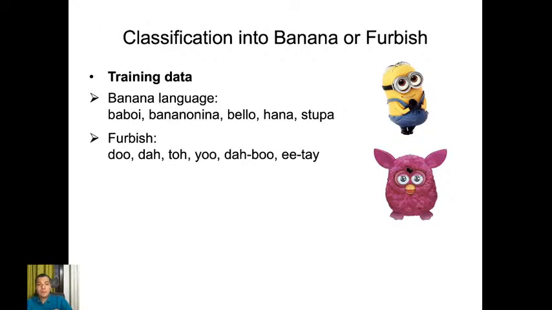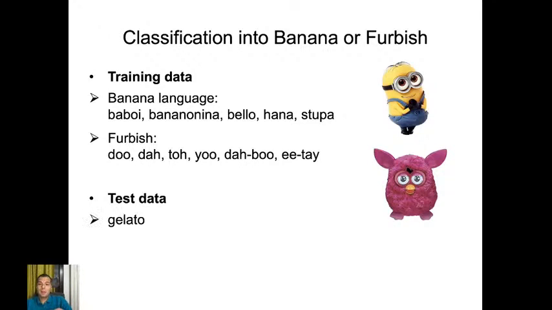Okay, and we also have a set of words from Furbish language, which is the language spoken by Furby. We have this data, and we can try to imagine some hypothesis, that these words fall into banana language and these other words fall into Furbish.